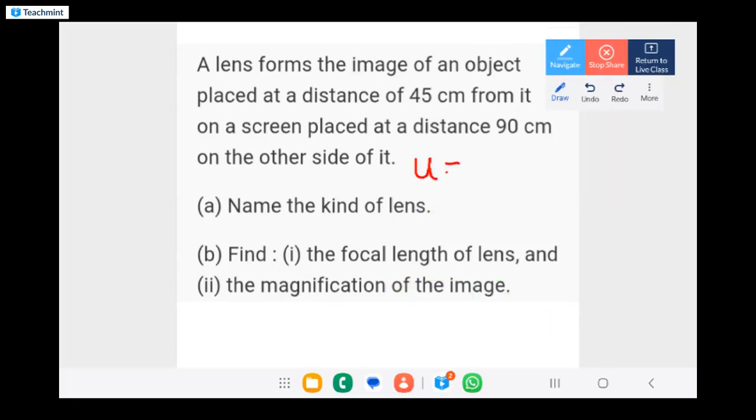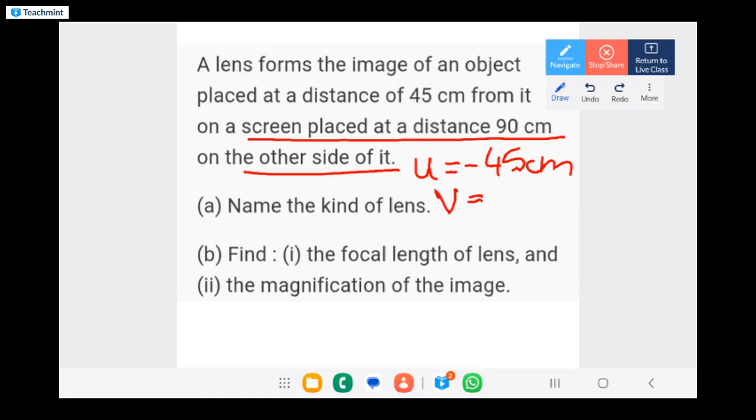First, the u value is minus 45 centimeter and the value of v is positive. Why am I taking positive? Because it's clearly written, it's on the other side, on the right side. So that is going to be positive 90 centimeter. Now these two values are very much sufficient for us to find the rest. So we will substitute that into the lens formula.